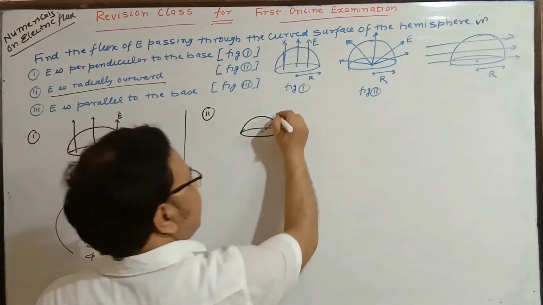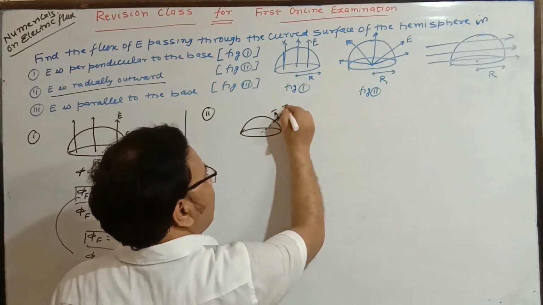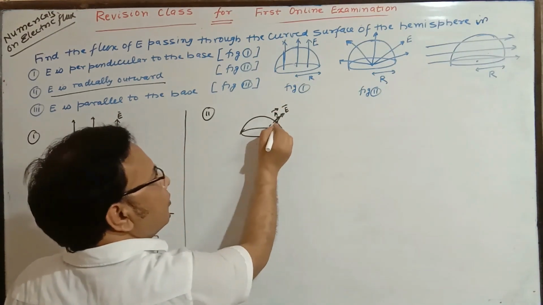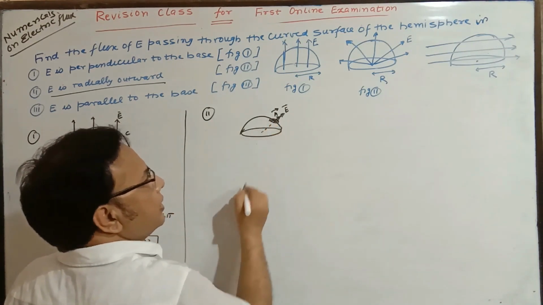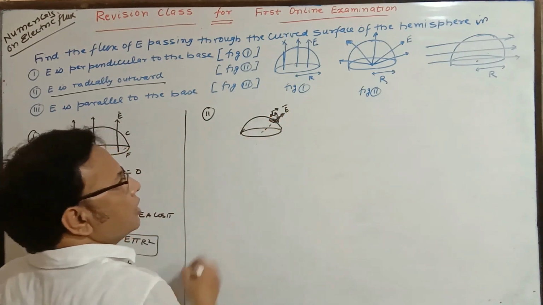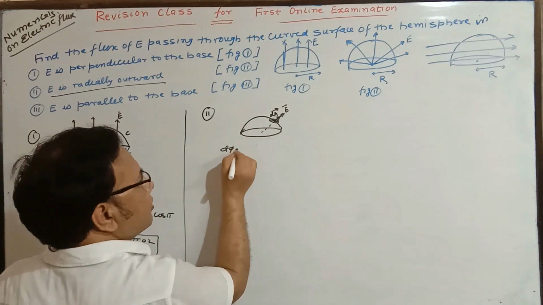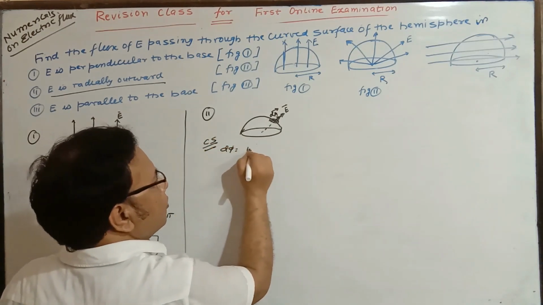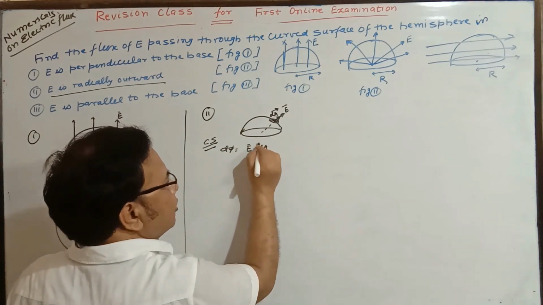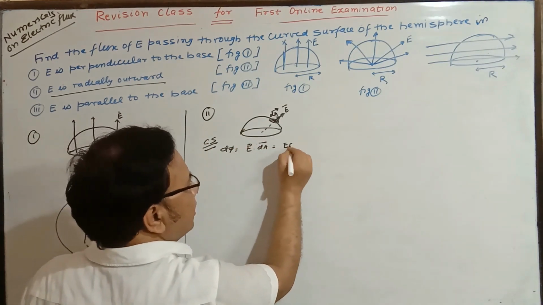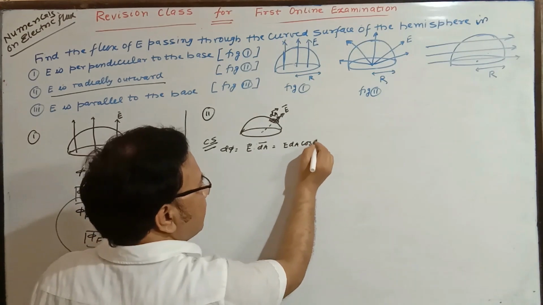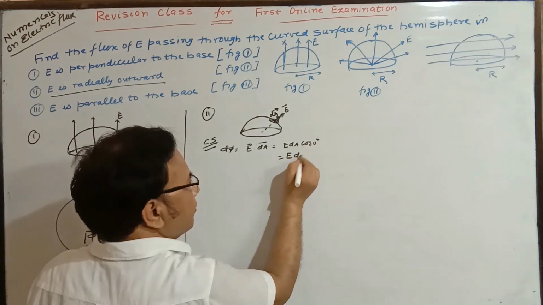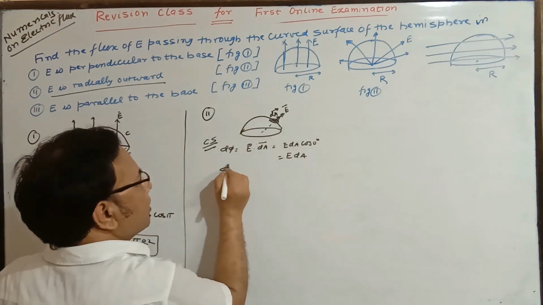So it's quite obvious that the area vector and electric field are always along the same line at each and every point. We consider any small area, say dA. What is the flux through this? d phi for the curved surface is equal to E dot dA. These two are in the same direction, so E into dA into cos 0 degrees, that is simply E into dA. What is the total flux through the curved surface?